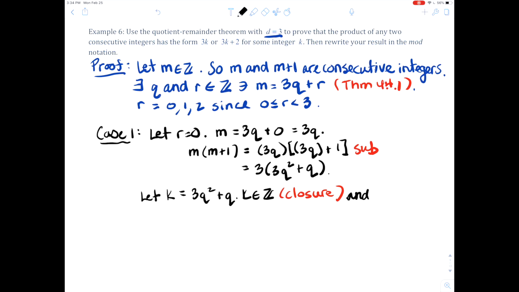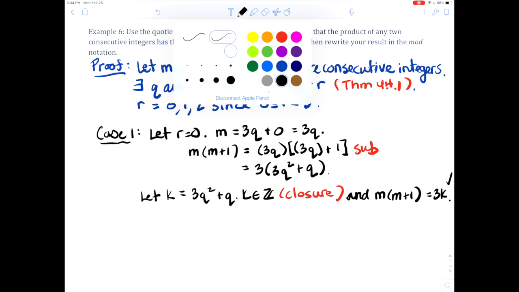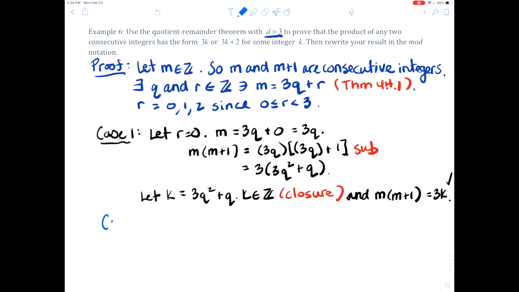And m times m plus 1 is just equal to 3k, which is part of what we wanted to show, that it could take on values of either 3k or 3k plus 2. So we're good on that case. We can check that one off. So now let's go to case 2. So for case 2, we're going to let r equal to 1.